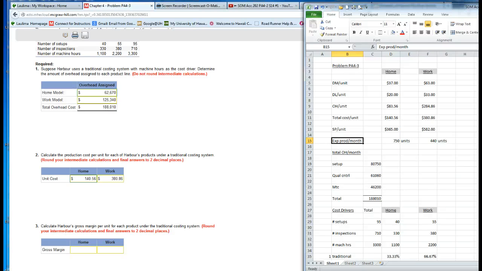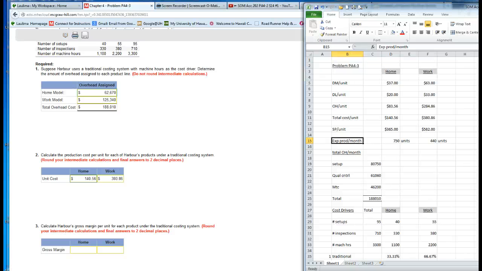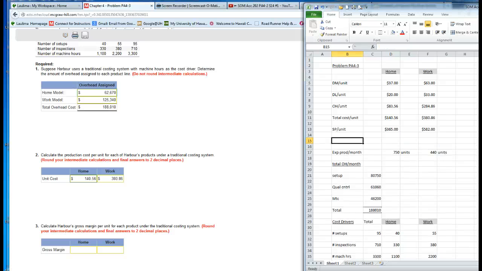Let's add a couple more. Oops, that was the wrong one. We want to add a couple more sheet rows. There we go. And so let's put in gross margin per unit.